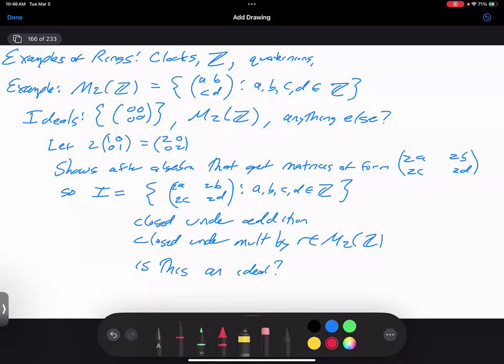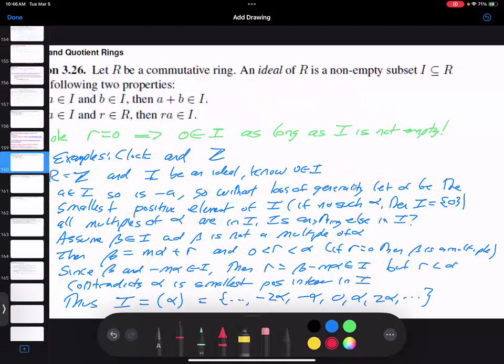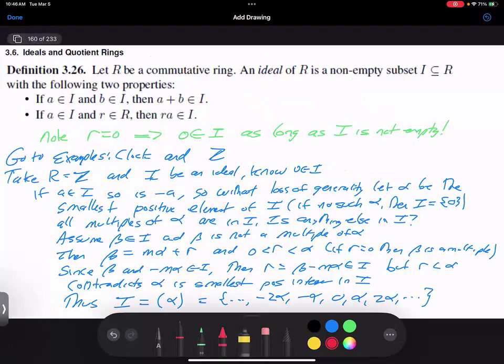Who else wants to take the bet right now? Still February, still March, before spring break. Would you like to see the definition of an ideal again, just to make sure you're comfortable? Do you still want to take the bet?